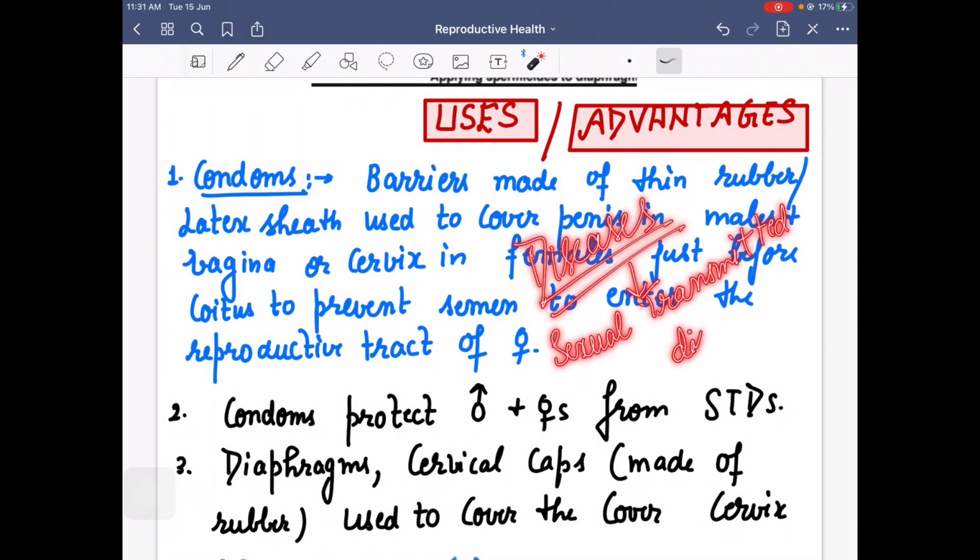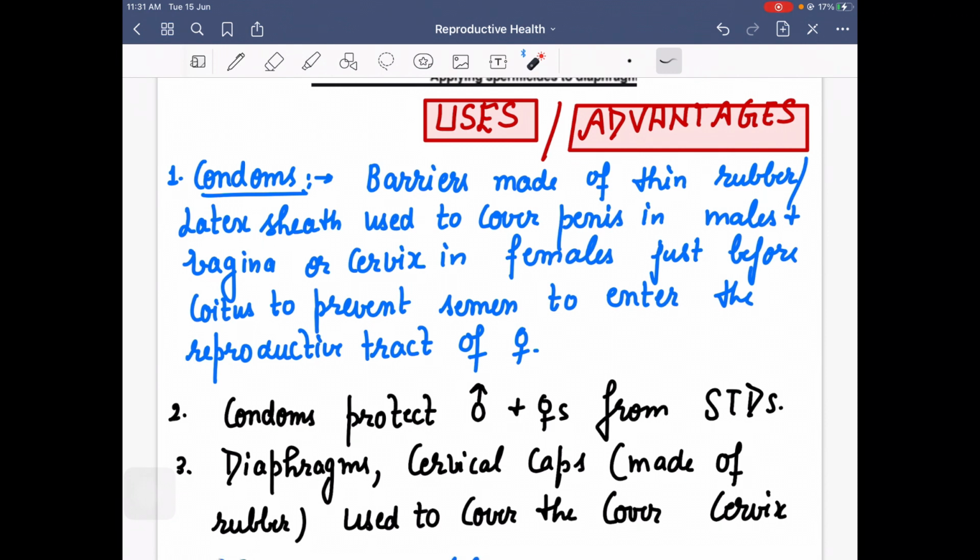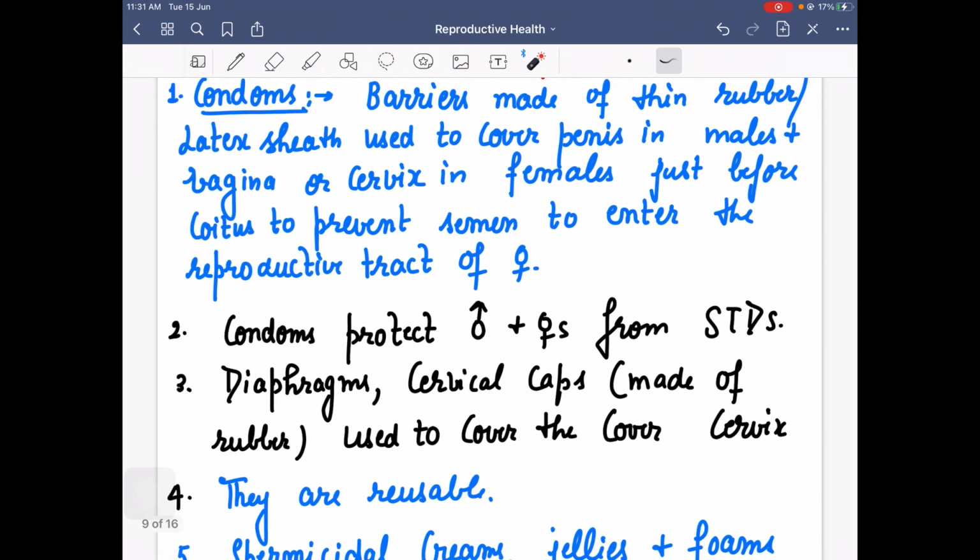So it is always better, if you want to avoid these kinds of diseases, that protection should always be used, right? So condoms are one of the barrier methods which protect males and females from sexually transmitted diseases. I think this thing is correct.